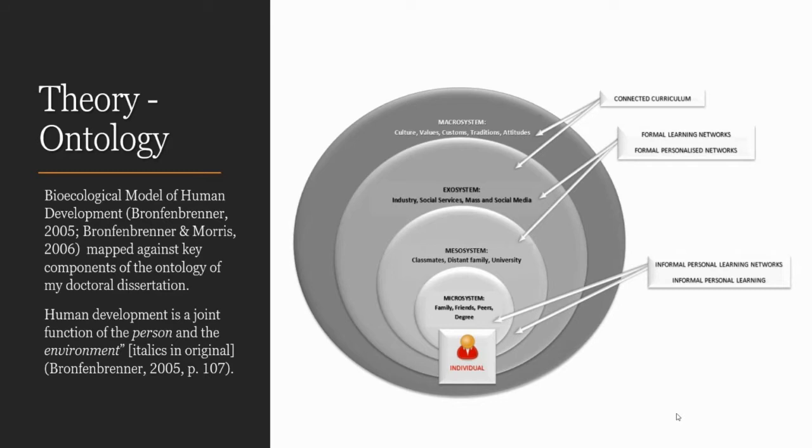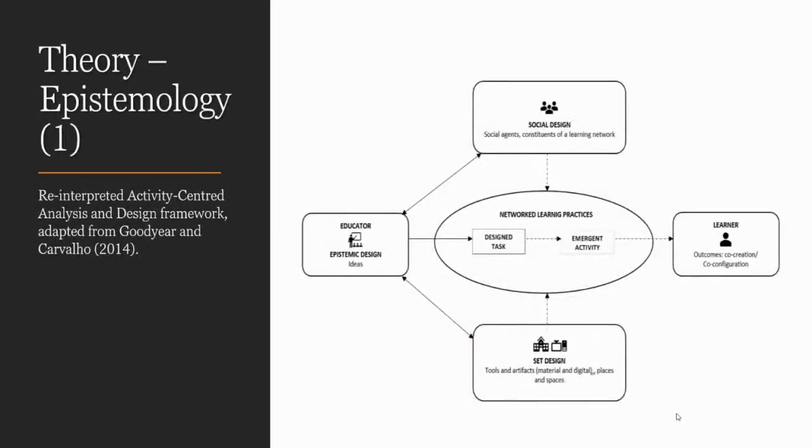I tried to map Bronfenbrenner's model against the elements that I was investigating in my research, namely connected curriculum, formal learning networks, how I call them, informal personal learning networks, and network learning practices. So this is my ontology, the overall view of the learning and the learning processes. The second, there was, of course, epistemology.